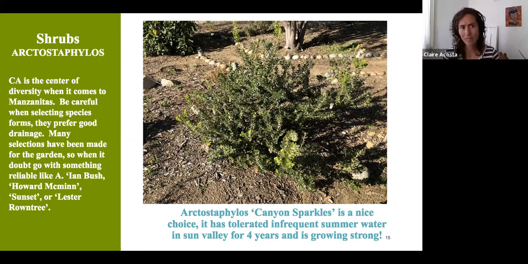I believe Howard McMinn is definitely on your easy list, so put your little asterisk on that one. Howard McMinn is a good 5 to 6 feet tall shrub, and it tolerates pretty average garden conditions, which not all manzanitas do. So I'm a big fan of that.